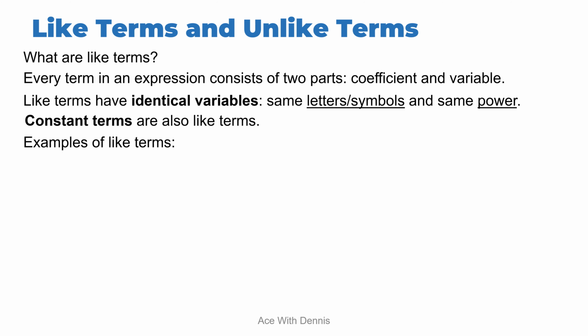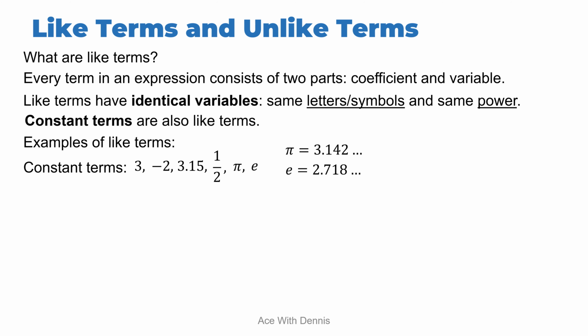Here are a few examples of like terms. First, constant terms. Like 3, negative 2, 3.15, half, pi, and e. So all these are constant terms and they are like terms, where pi is 3.142 and e equals 2.718, which is a natural number.